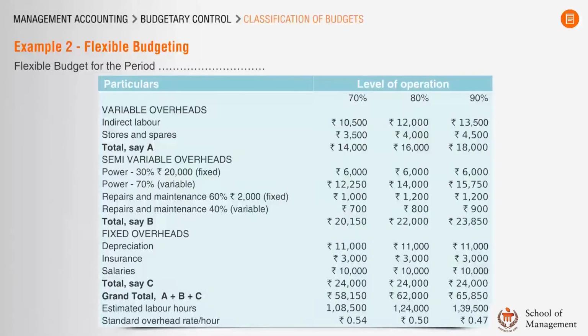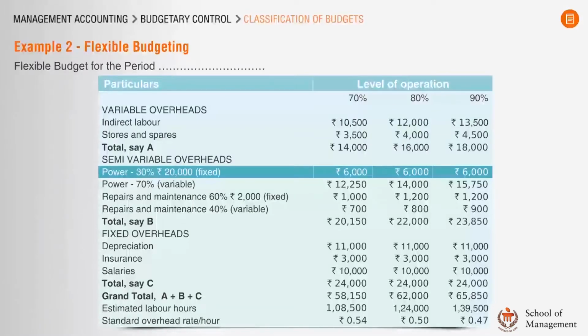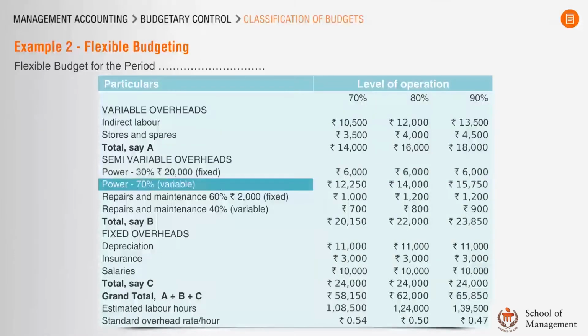We can see from the problem that power and repairs cost appear to be semi-variable costs. Power cost is 30% fixed and 70% variable, while repairs cost is 60% fixed and 40% variable. The fixed portion of power, that is 30% of rupees 20,000 or 6,000 rupees, will remain unchanged for all three activity levels, while the variable portion will change and this change will be completely proportional.